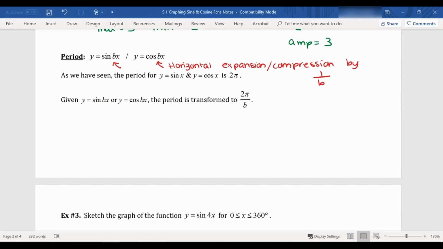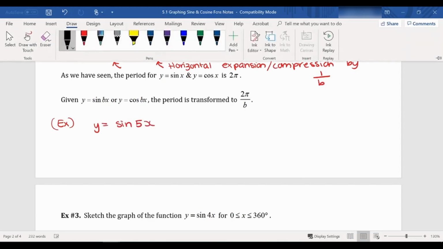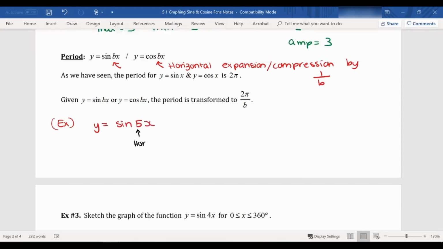So if I have something, for example, like y equals sine of 5x, this indicates a horizontal compression by 1 over 5. So if my period is normally 2 pi, this means that my period is now 2 pi times 1 over 5, or 2 pi over 5.